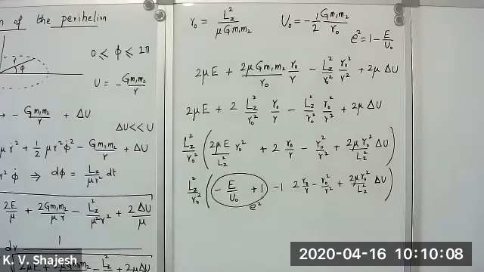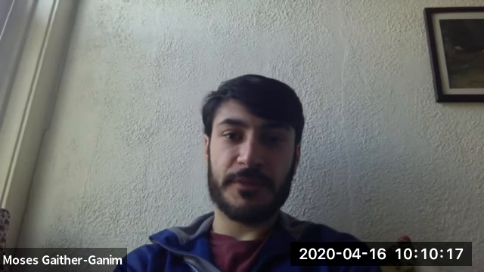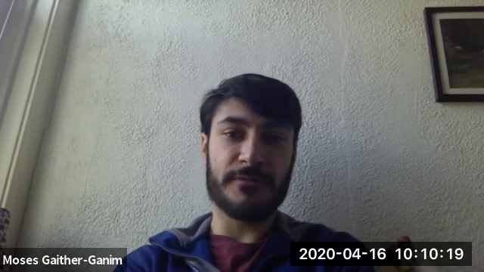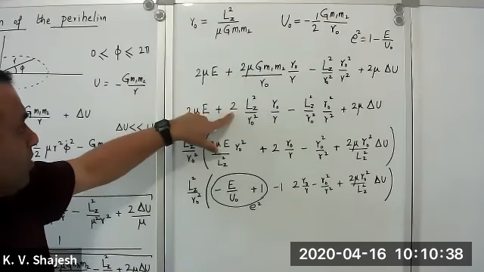Thank you. I have another thing that I noticed. In the second line on that board, you have the 2 mu G M1 M2 over R naught times R naught over R. And if you multiply by R naught, it seems like you have just LZ squared over R naught.